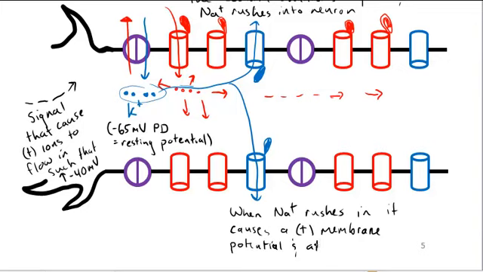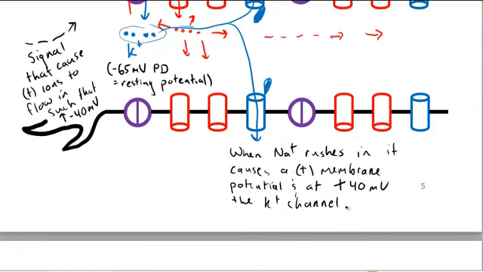And at positive 40 millivolts, the K+ channels open, voltage gated, so at positive 40 millivolts they change their shape and open up and allow K+ to rush out of the cell in an effort to start returning the cell back to its resting potential.